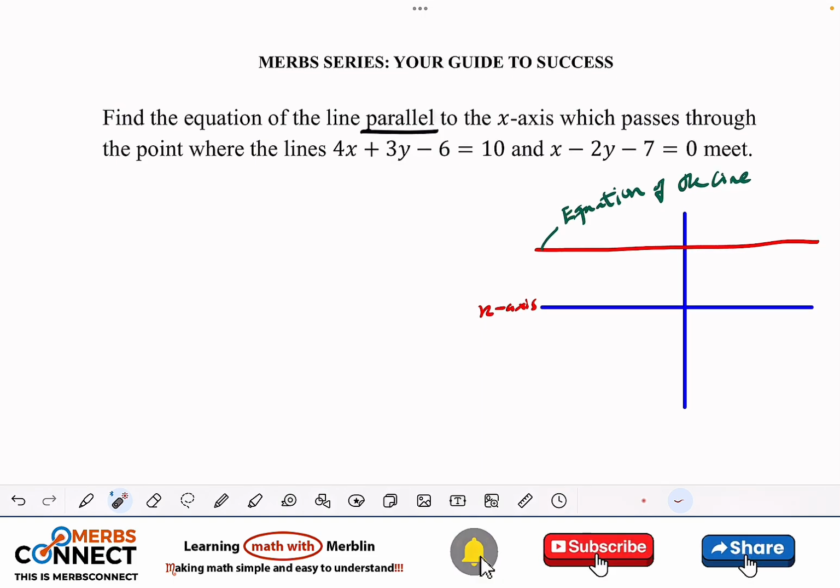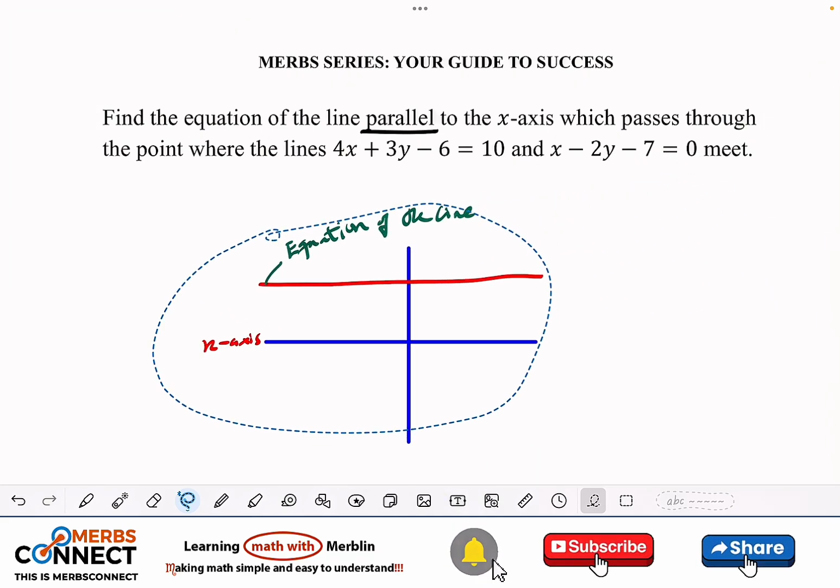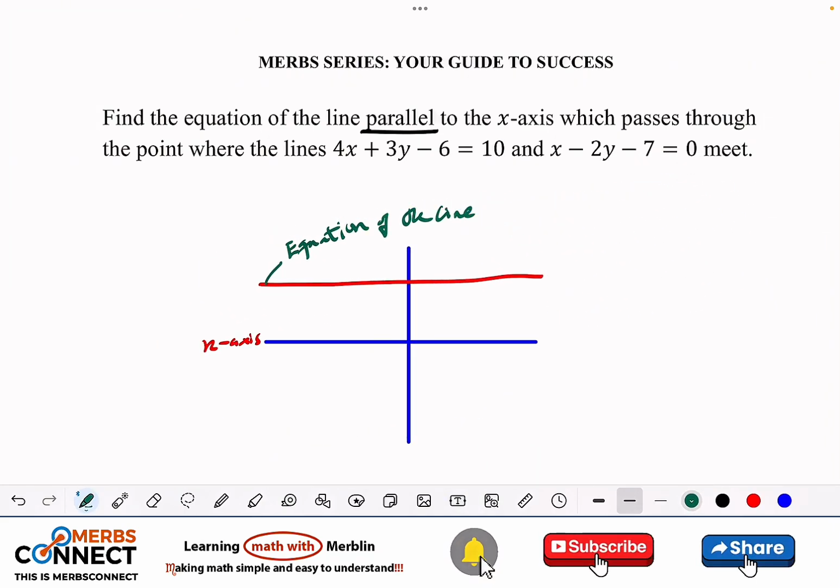Now let's finish the question. He's saying that the equation passes through the point where this line and this line meet. So let's bring another point. Let me just shift this one into the middle so that I can do it very well. Let's assume that I have another line somewhere here, and then I have another line also somewhere here.